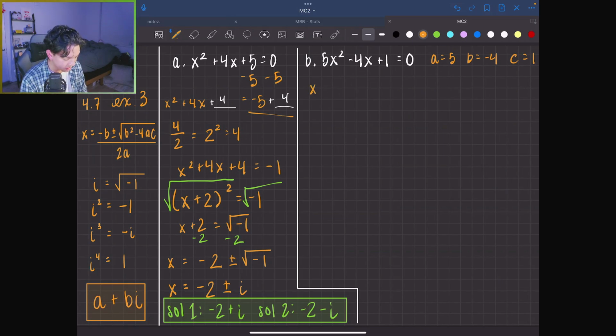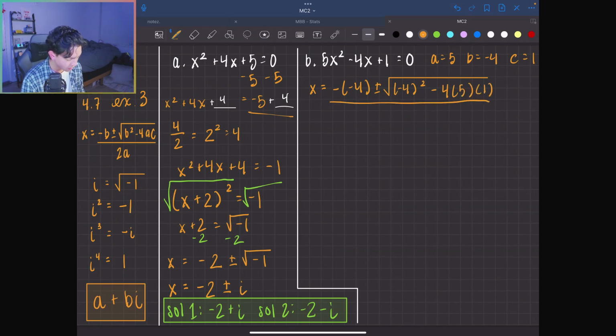So x equals negative b, so negative 4, plus or minus the square root of b squared, so negative 4 squared, minus 4ac, so 4 times 5 times 1, all over 2a, so all over 2 times 5.